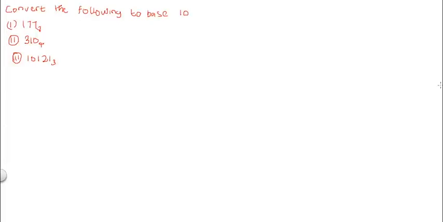Okay, so in this video, we're going to talk about conversion of other bases to base 10. Given an example on the screen, you have 177 base 8. The way to convert any base to base 10 is to multiply each digit by the base raised to increasing powers.